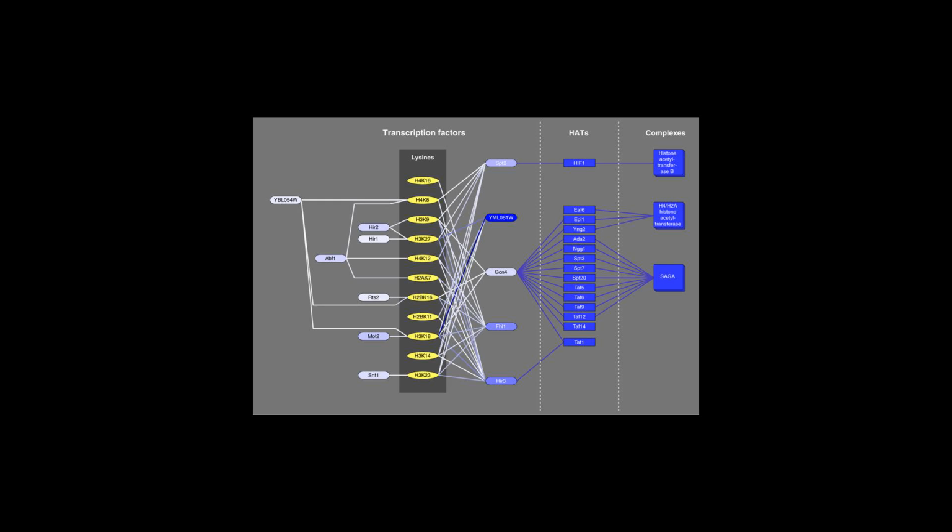This process is facilitated by enzymes such as HATs and HDACs that add or remove modifications on histones, and transcription factors that process and read the modification codes. The outcome can be activation of transcription or repression of a gene.